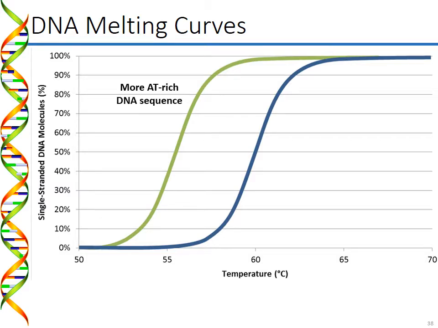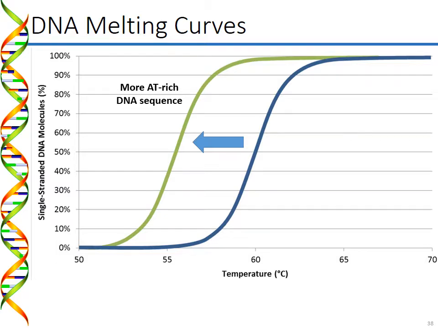This represents a sequence that is more AT rich, and so it has more AT base pairs than does the sequence shown on the graph in blue. What this results in is an overall shift to the left of the graph. The curve maintains its sigmoidal shape.